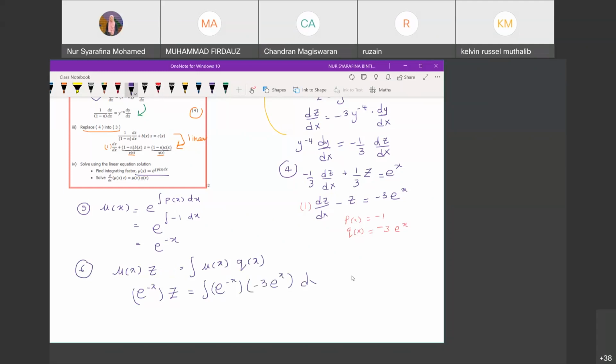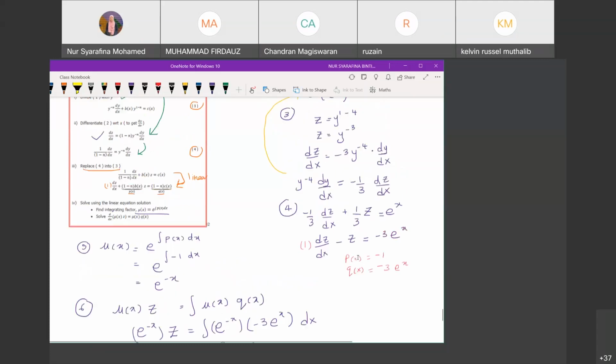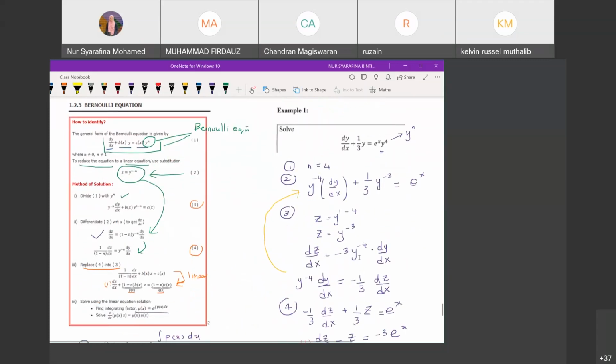So, you should have what? This one becomes minus 3x plus c. So, z becomes, do we need to solve for c? No, because there are no conditions given.